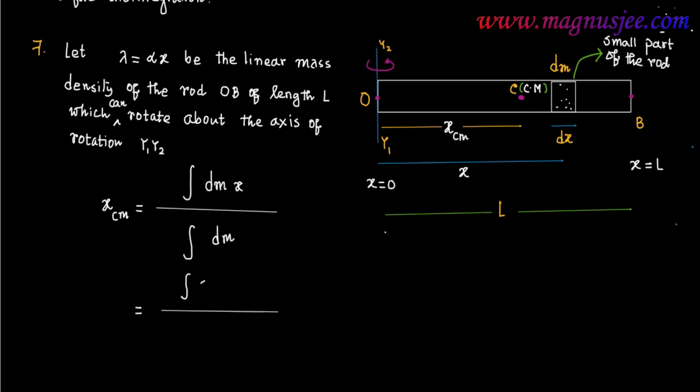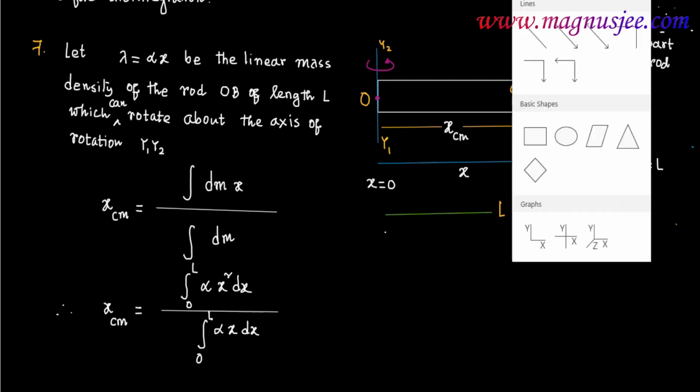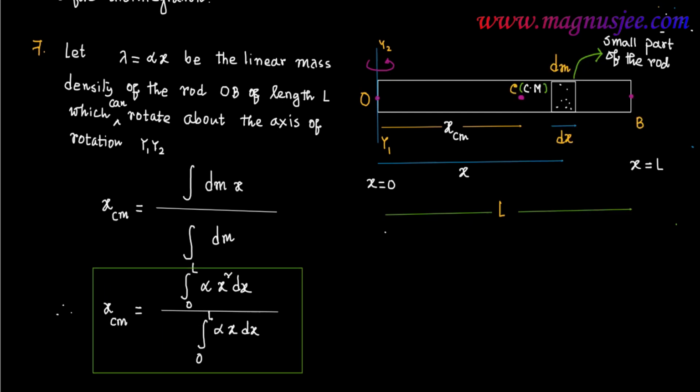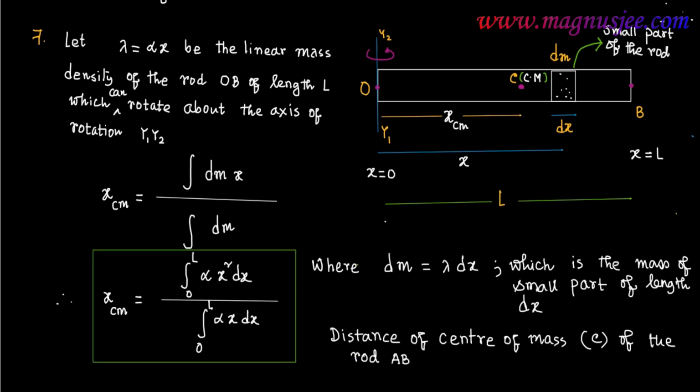That is, xcm equals integration 0 to L alpha x squared dx divided by integration 0 to L alpha x dx, where dm equals lambda dx, which is the mass of the small part of length dx, and xcm is the distance of the center of mass of the rod.